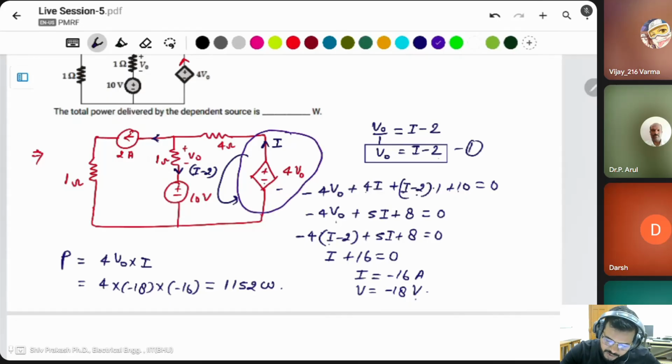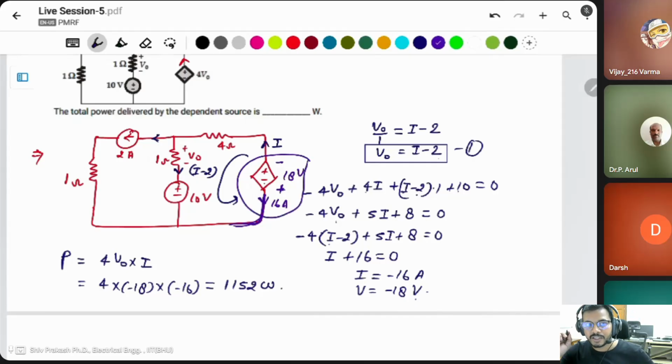It means this is the positive and this is the negative of 18 volt, and the current is also reverse, 16 ampere. Then the current enters negative, it means leaving from positive. This is the positive, and the current is leaving from positive. That's why this is the power delivered in this condition, because the voltage and current both are reverse.